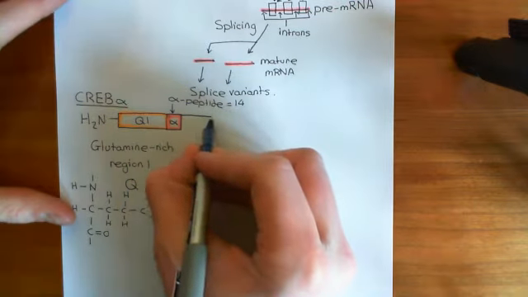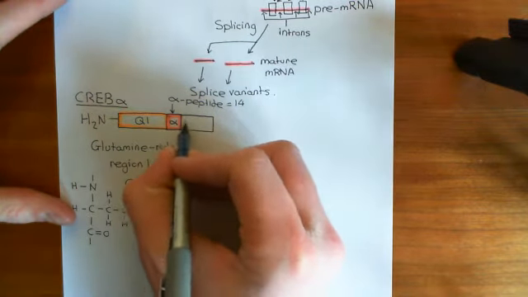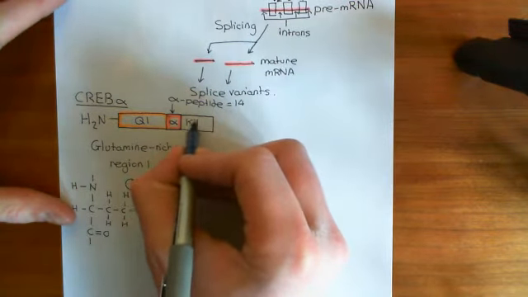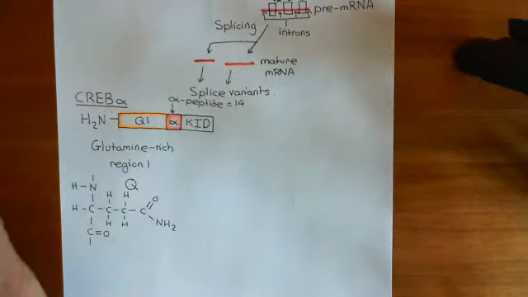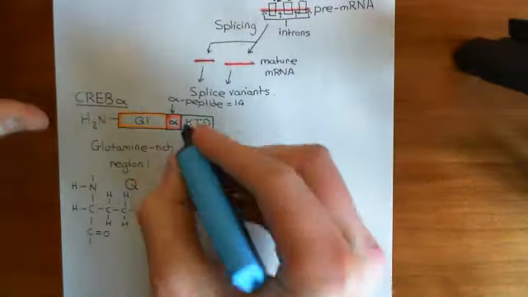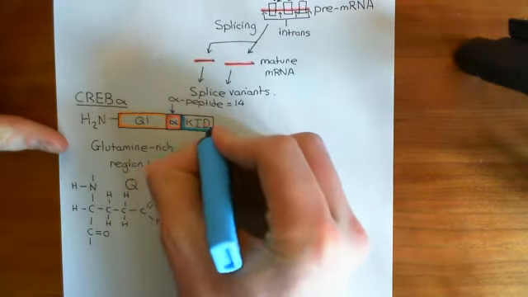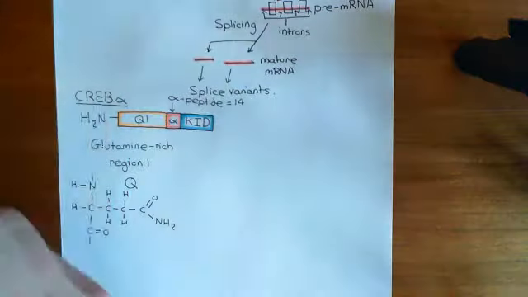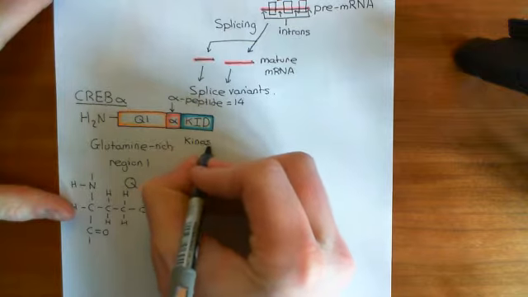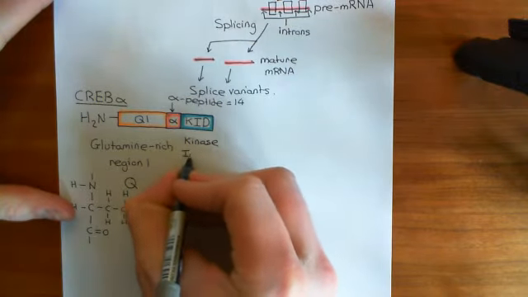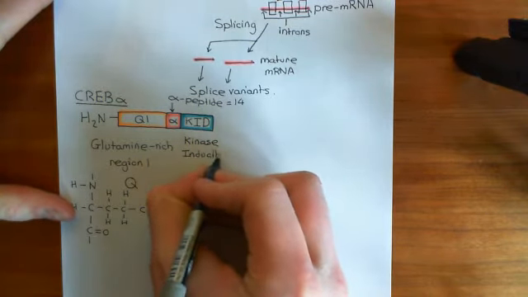Okay, after the alpha peptide, we then have an important region known as the KID. This is the portion that's going to be modified by calcium calmodulin dependent kinase. So this is called the kinase inducible domain. K stands for kinase, I stands for inducible, and D stands for domain.